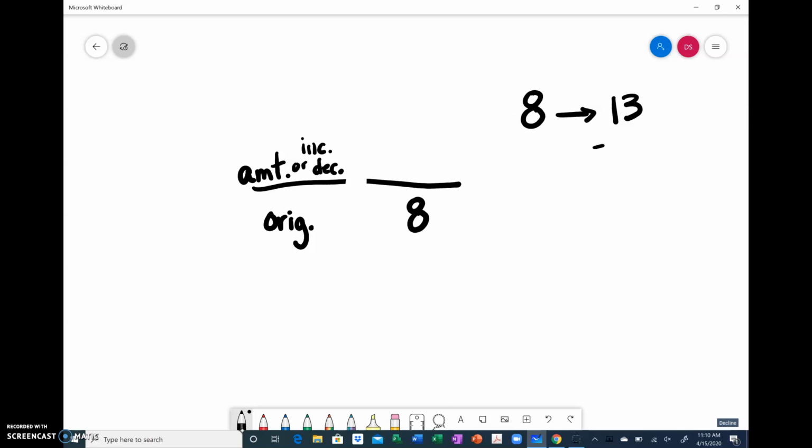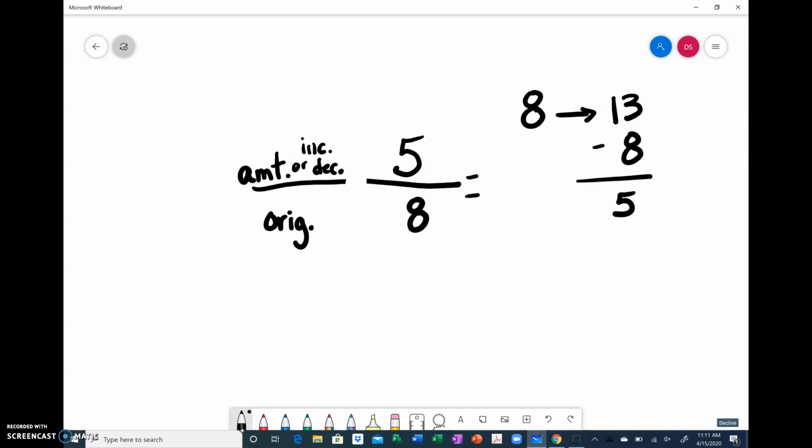That's actually what you're going to do to fill in the numerator. So the amount of increase from 8 to 13 is 5. All right. Then you have a fraction, 5/8, that you need to translate into a percentage.